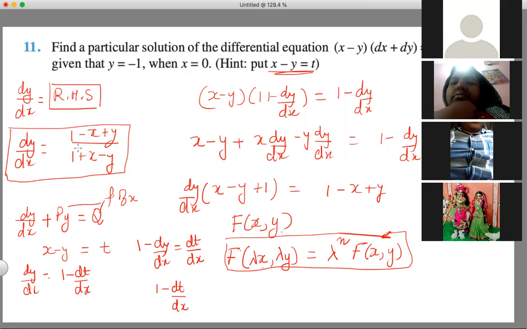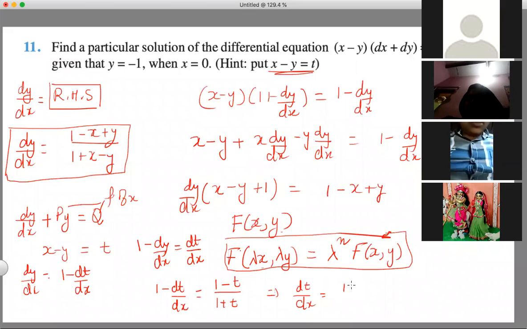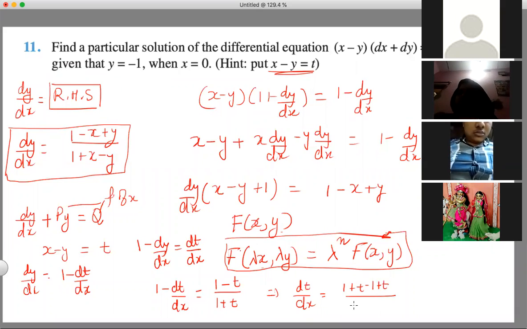We are substituting in this now. Is equal to (1 minus t)/(1 plus t). Okay, which means dt by dx is equal to 2t/(1 plus t).